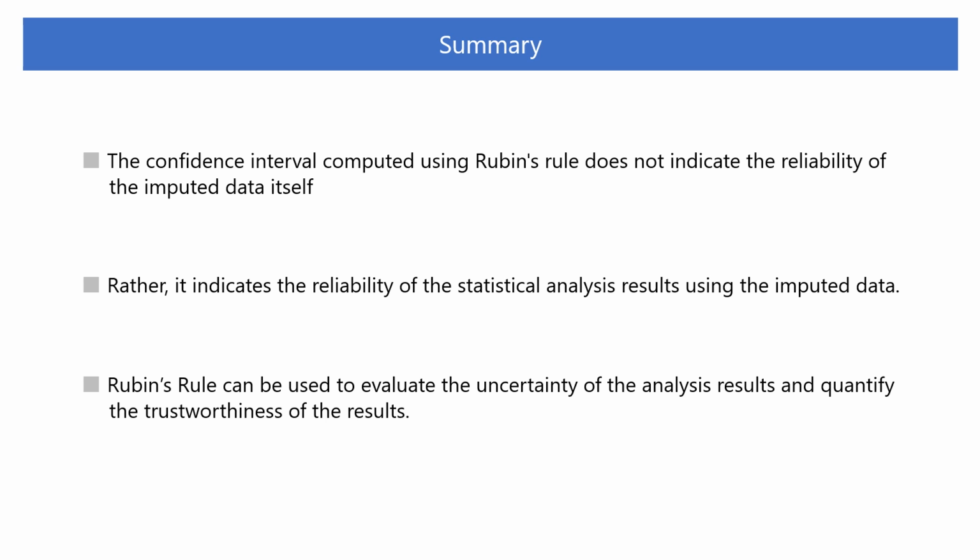Rubin's rule can be used to evaluate the uncertainty of the analysis results and quantify the trustworthiness of the results. It is difficult to directly evaluate the reliability of the imputed data itself because the missing data are not observed. However, the reliability of the analysis results using the imputed data can be evaluated using Rubin's rule.